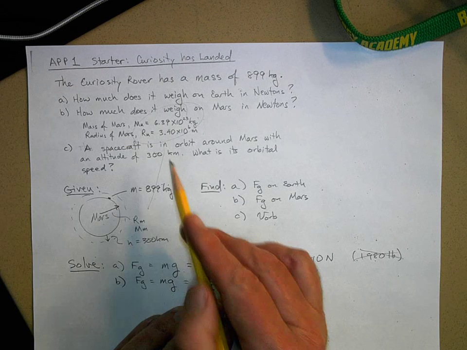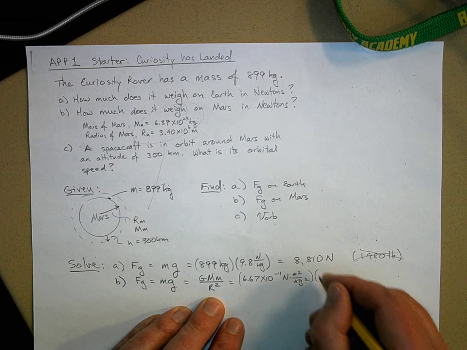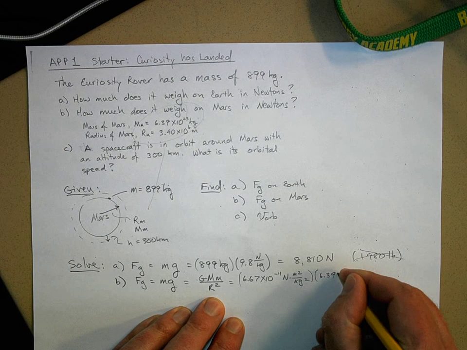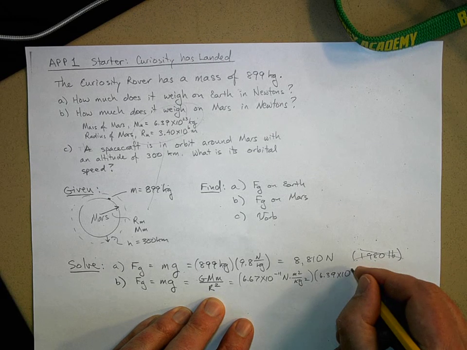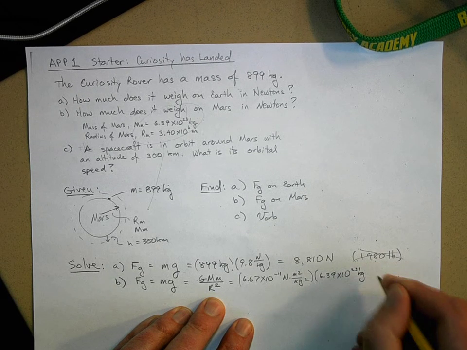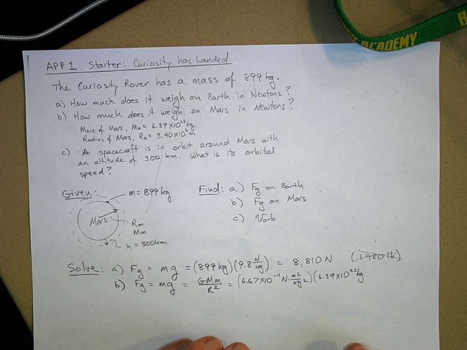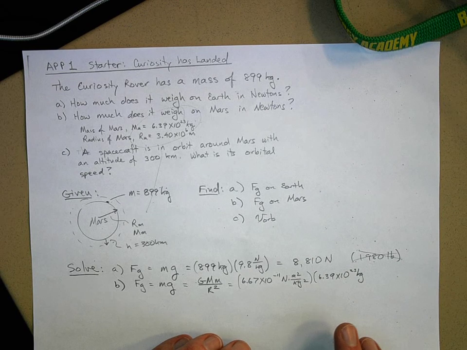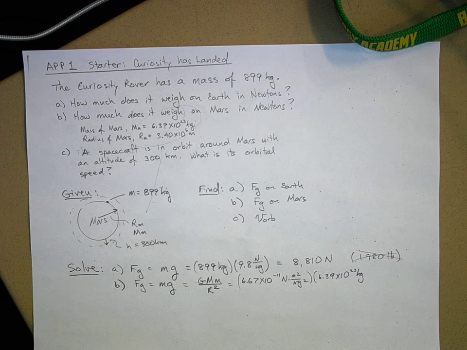All right. And then the mass of Mars is 6.39 times 10 to the 23 kilograms. Now, Earth is about 6 times 10 to the 24 kilograms. So Mars is about 1/10 the mass of the Earth. So it's not very big compared to the Earth.